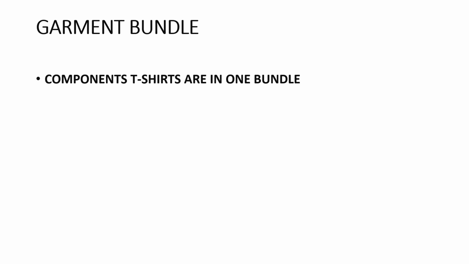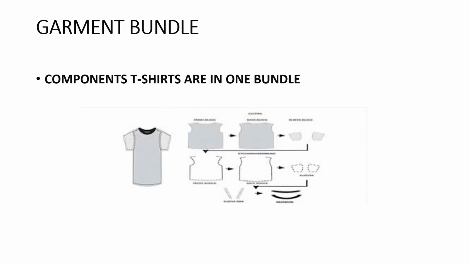So for a t-shirt, the different components are to be kept in one bundle only. It will be easier for the sewing machine operator to look into it and then stitch the different components. As in the example given here, if we want to produce t-shirts, the different components of this particular garment must be in one bundle. That is called the garment bundle.